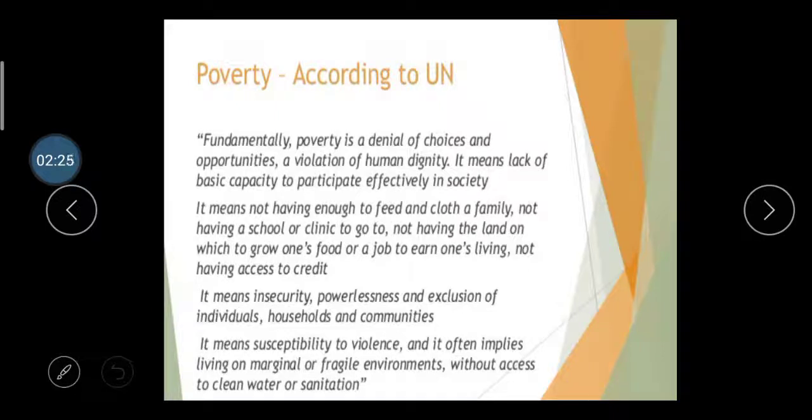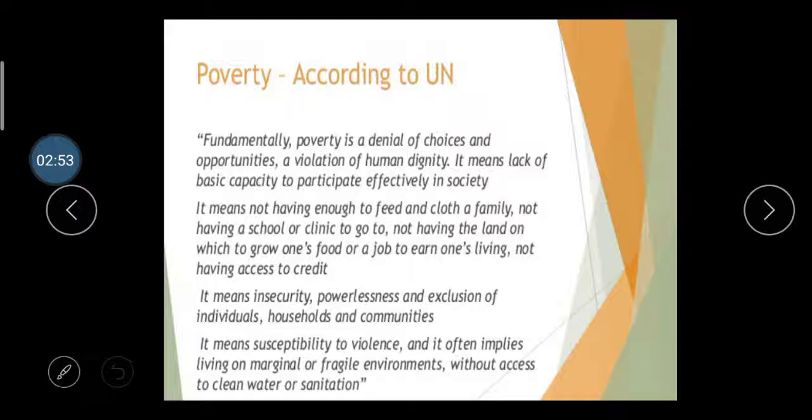It means not having enough to feed and clothe a family, not having a school or clinic to go to, not having land on which to grow one's food or a job to earn a living. Not having access to credit, it means insecurity, powerlessness and exclusion of the individual, the household and the community. These are also considered poverty situations.